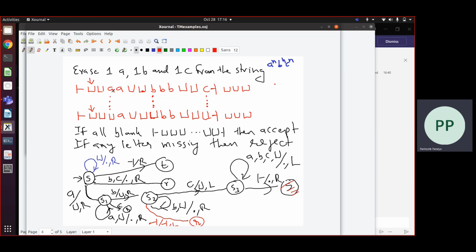So I will turn this first A into blank, and then I will skip this part of the string till I hit a B. When I hit a B, using this transition here drawn in green, I will replace that B by a blank, and then I'll skip over the remaining B's till I find a C, which I will replace by a blank. And then I will move one step to the left and I will try to hit the left hand marker. I will skip over all the symbols, reach the left hand marker, move one step to the right and start the next phase.